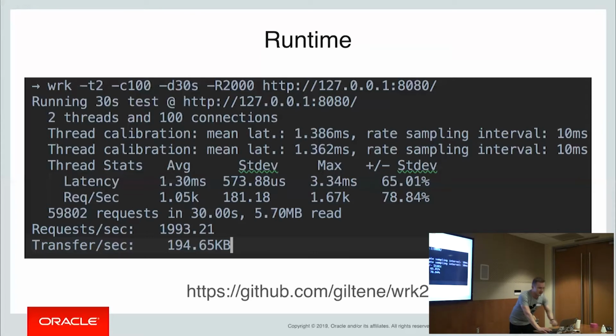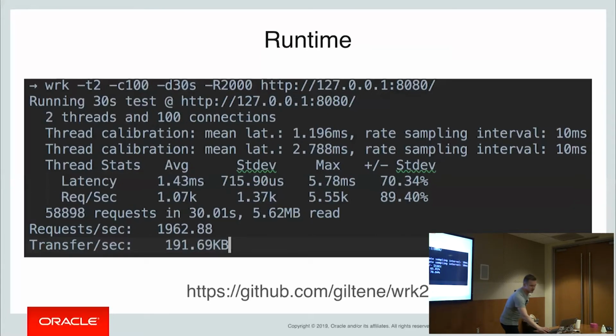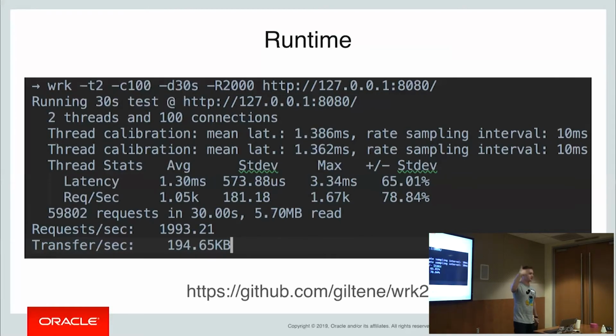And you can see that the average latency, however terrible a metric that is, don't measure average latency, it doesn't tell you much, but the average latency is negligibly different: 1.4, 1.3 milliseconds. Mind you, it's just returning a string back over the localhost network, so it's not very impressive.